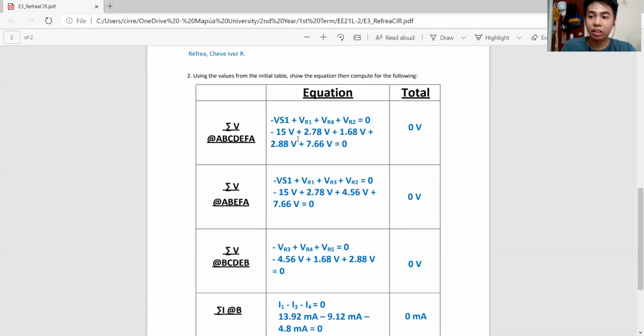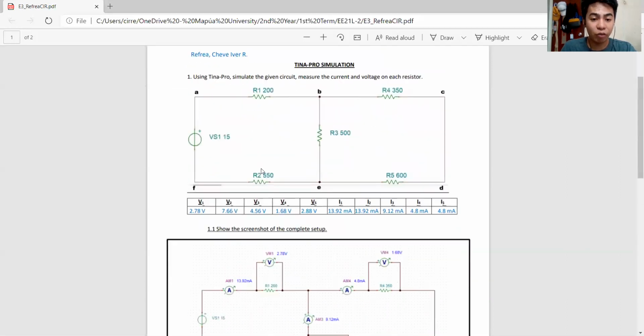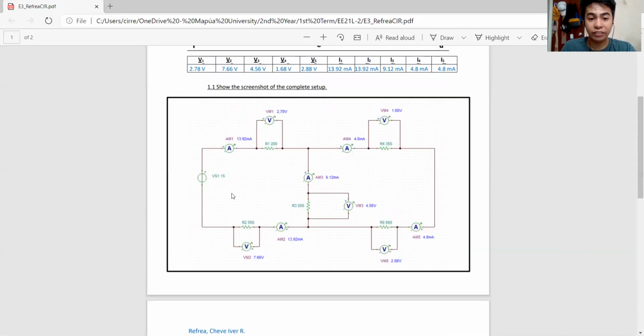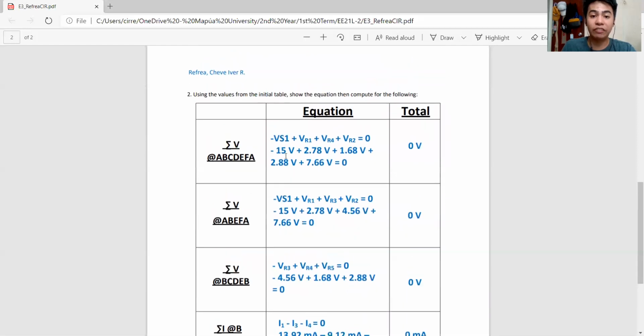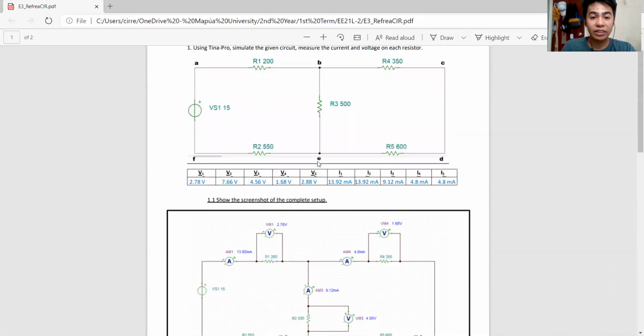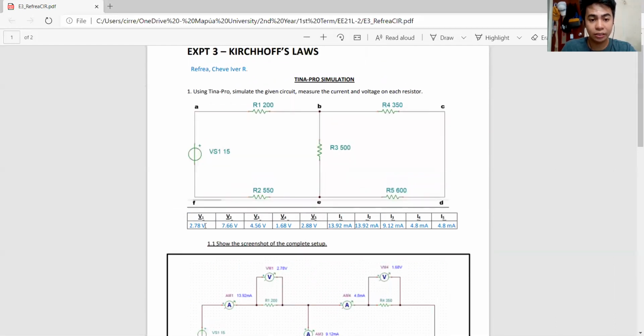So the first value is negative 15 volts, since the value for the switch is 15. Next one is the voltage for resistor 1, which is 2.78, as stated here.